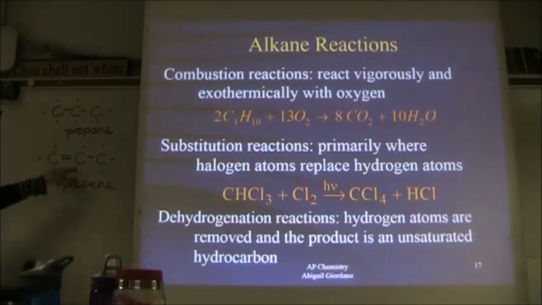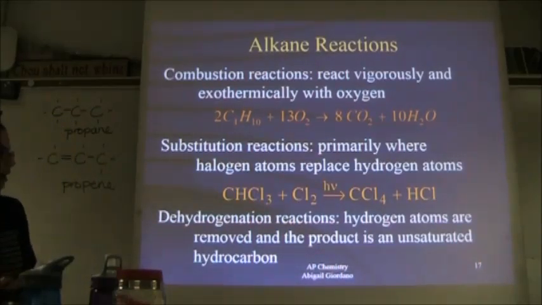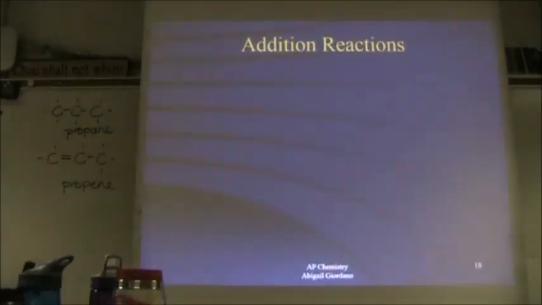Do you see that all I really did was remove two hydrogens? And if I remove two hydrogens, that causes a double bond to be formed. Why two? Because hydrogen is a diatomic element. If you take hydrogens away, you take something from being saturated to unsaturated.